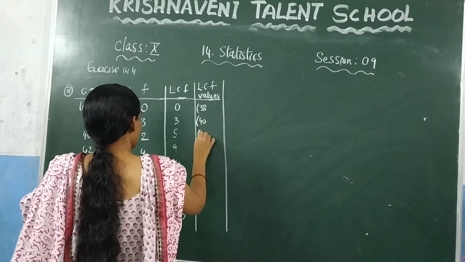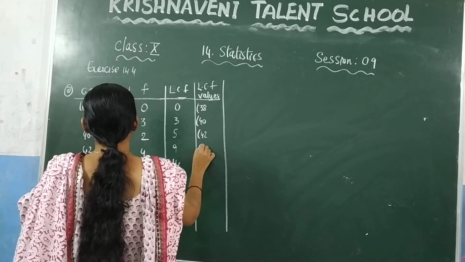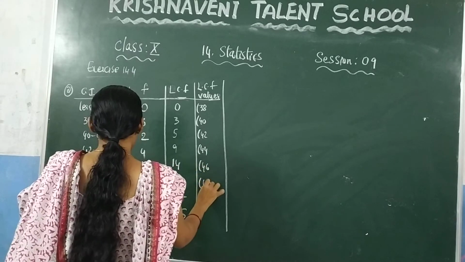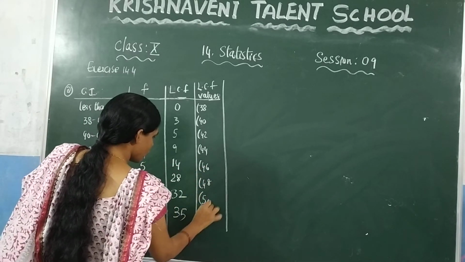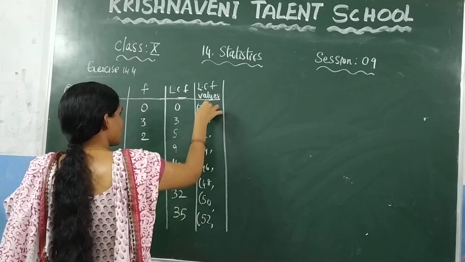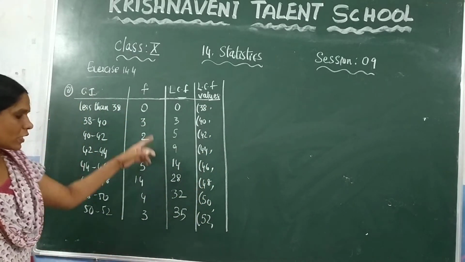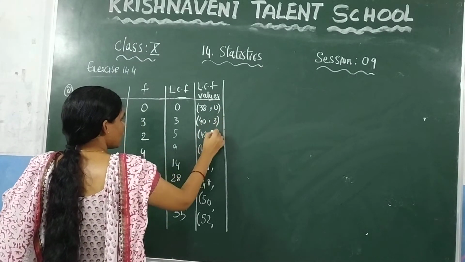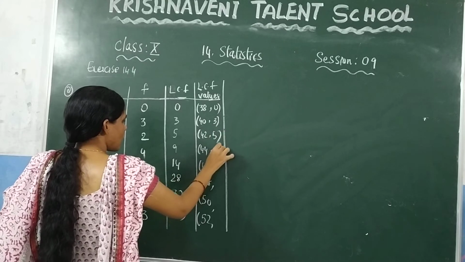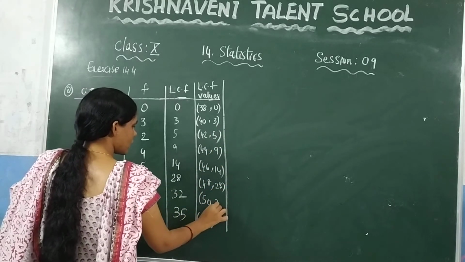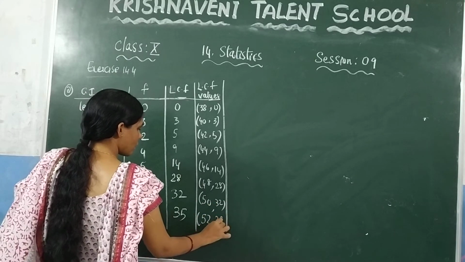Now on the y-axis you need to take less than cumulative frequency values. What are they here? Which is 0, 3, 5, 9, 14, 28, 32 and 35.